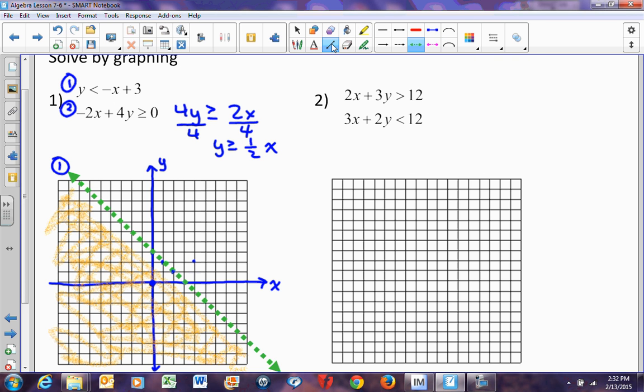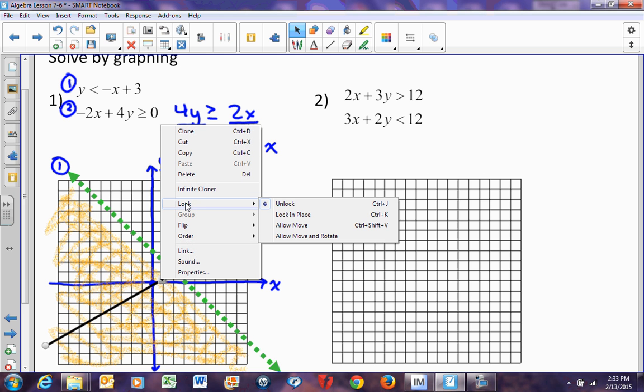I'm going to use a solid line that goes through this. Extend it a little bit. Make sure it goes through my points nicely. There we go. Looks pretty decent.